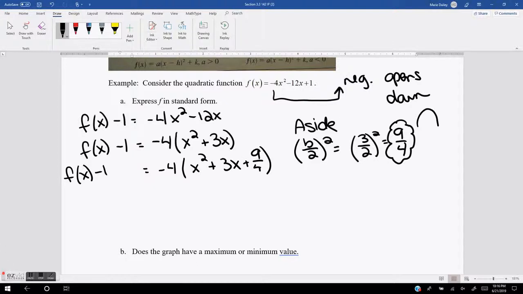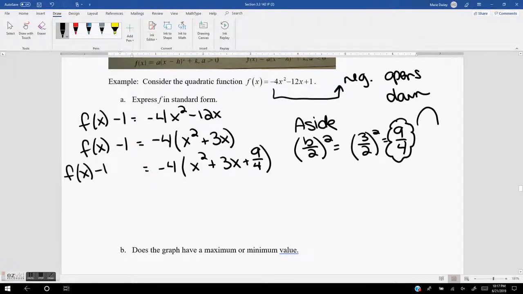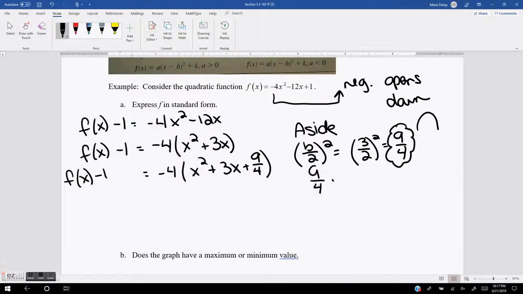So we're really not adding 9/4 to both sides, but we're taking 9/4 times that negative 4, which is a negative 9. So we're really adding not 9/4, but negative 9 to both sides, okay?